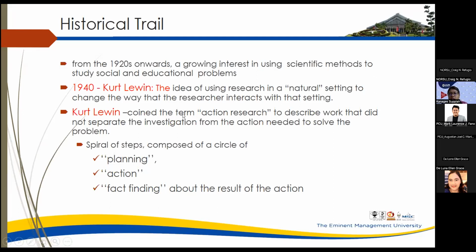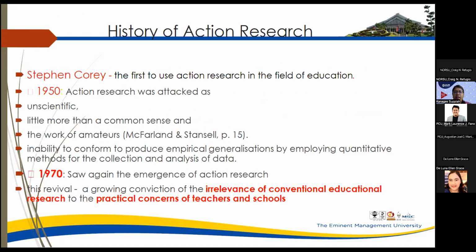So he coined the term action research to describe work that did not separate investigation from the action needed to solve the problem. All right, so he felt that the investigation and the action goes together. So the spiral steps composed of planning, action, and fact finding. Right? Then after that, Stephen Corey is the first person to use AR.